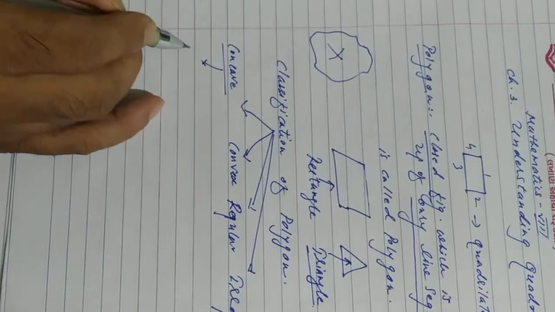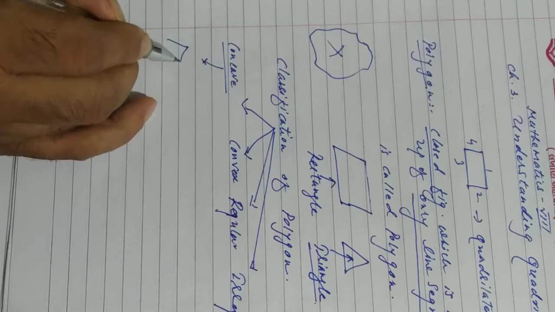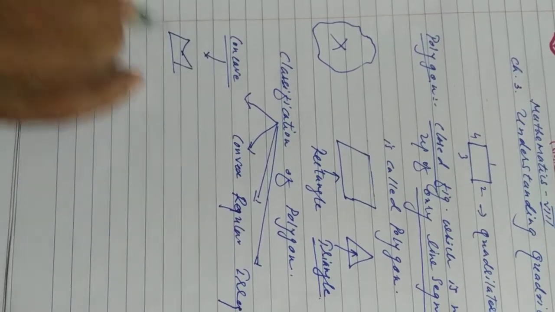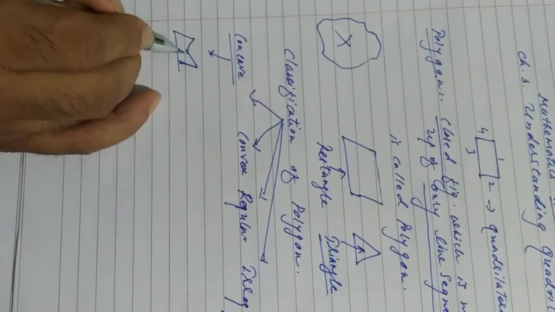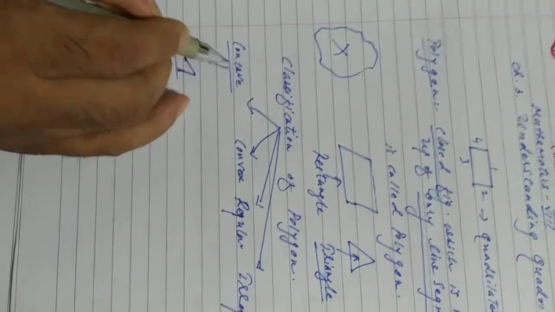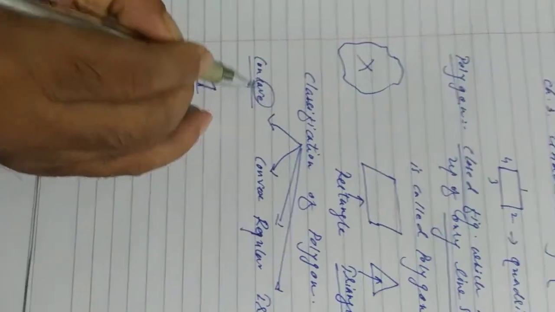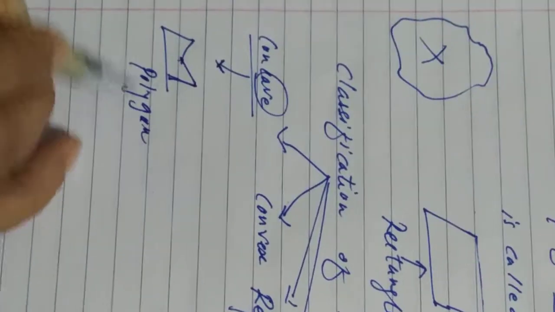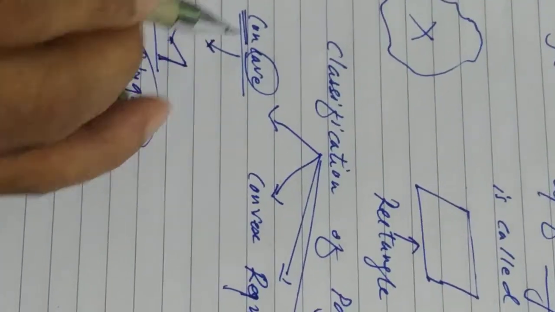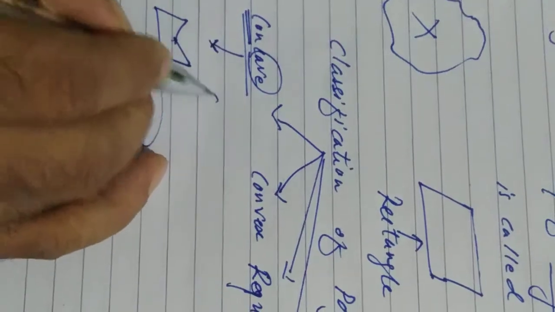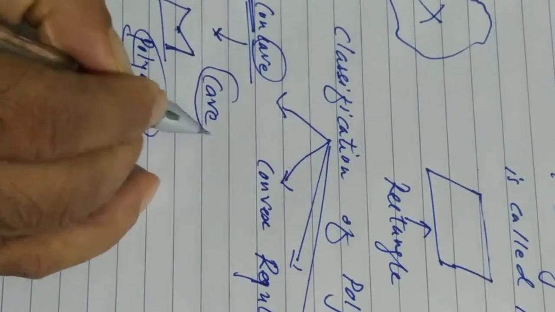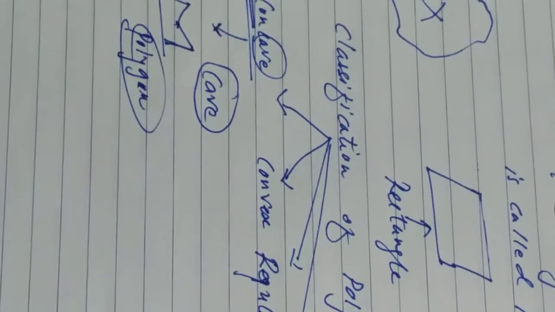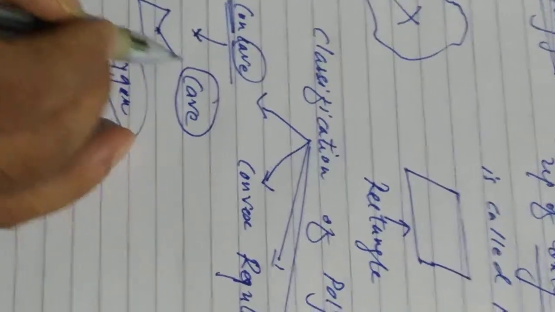A figure like such is called what? A concave polygon. See the meaning of cave. Just forget it for a little while. Con. Cave. What do you mean by cave? In, right? Inside.